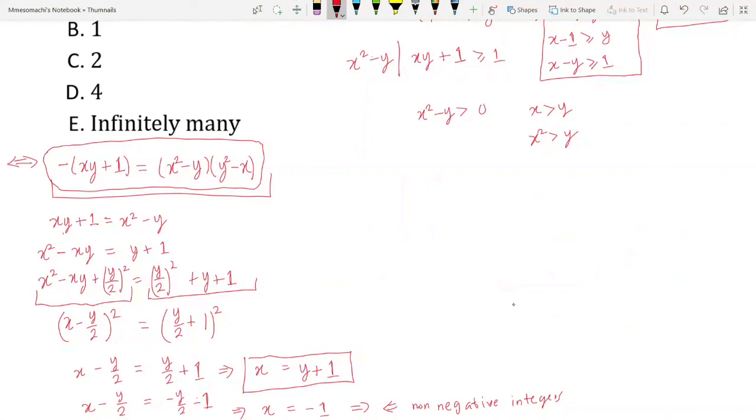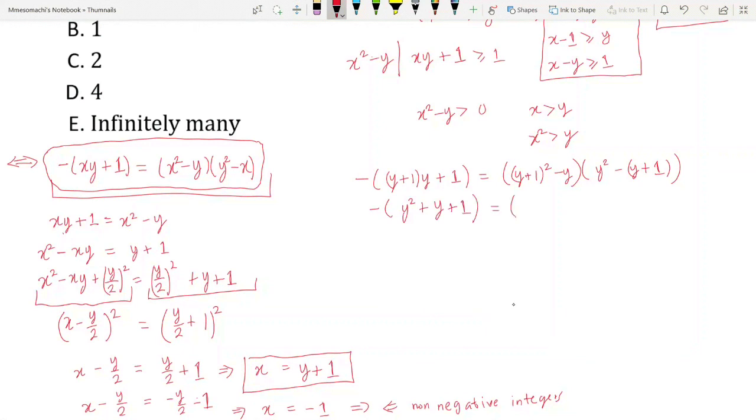So we have y plus 1 into y squared minus y plus 1 equals y plus 1 all squared minus y into y squared plus y plus 1.